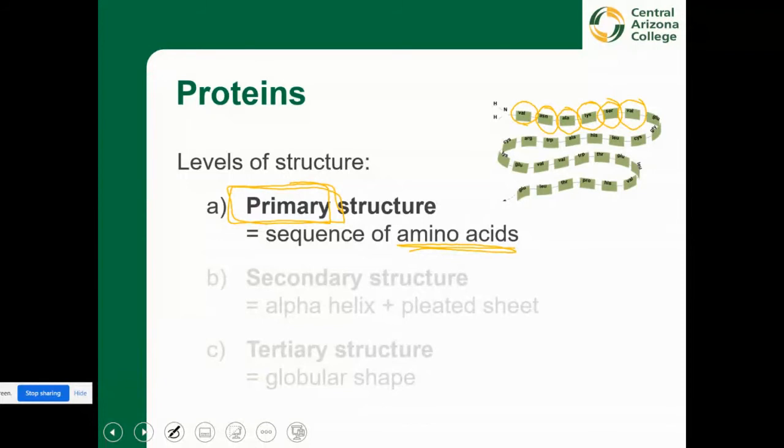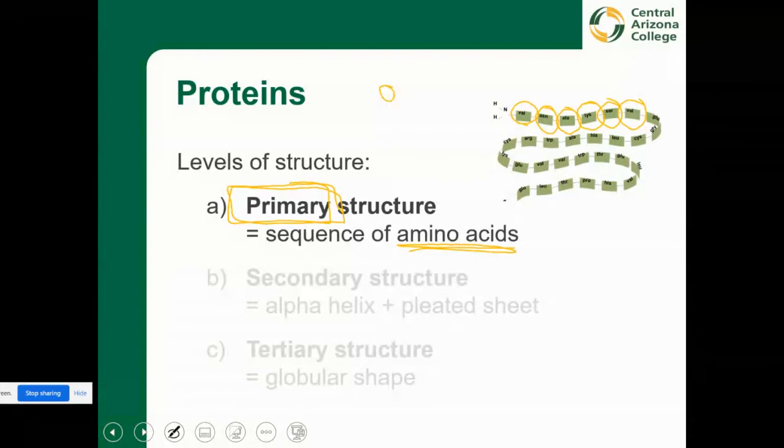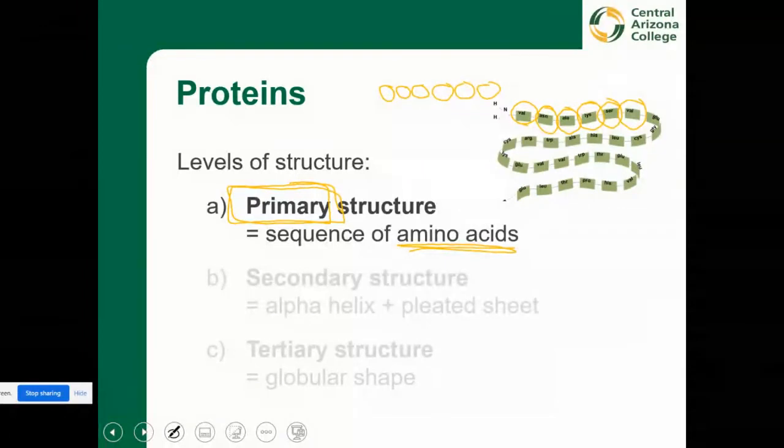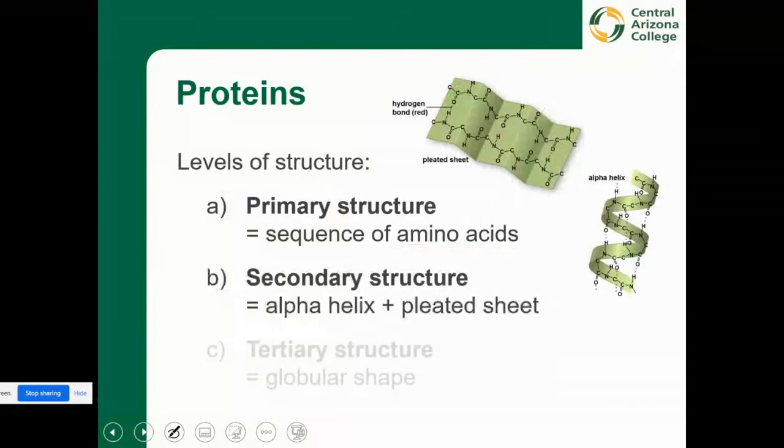So on this level, a protein is nothing but a chain of different amino acids linked one after another. You can think of it a little bit like a pearl necklace. It really is just a clear order of amino acids placed one after another. So that's our primary structure of proteins.